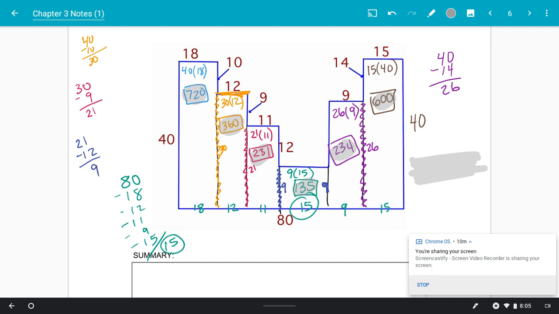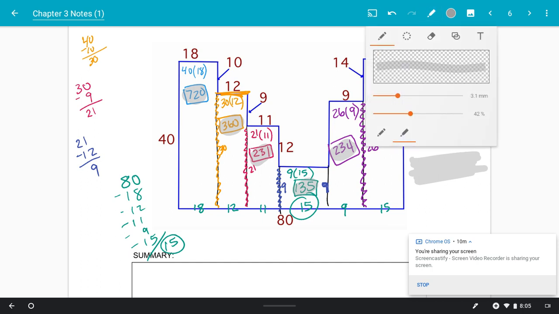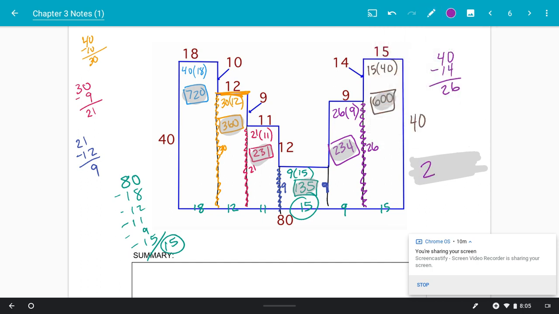We should get 2,280. 2,280, and that's units squared. They didn't tell us units, but this would be the total area, okay?